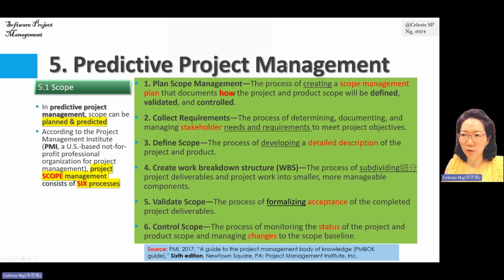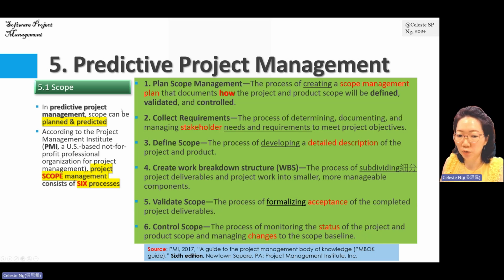The first process is called plan scope management. In this process, what we are going to do is develop our project scope management plan. A plan that will help us, for example, if I'm the project manager, to know how to manage our project scope, how we're going to define our project scope.